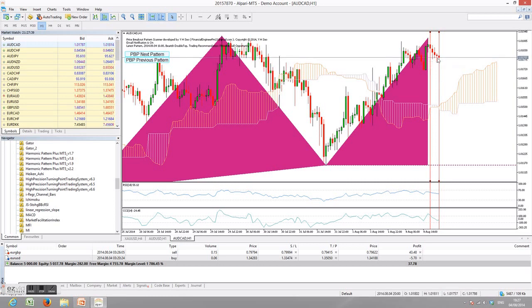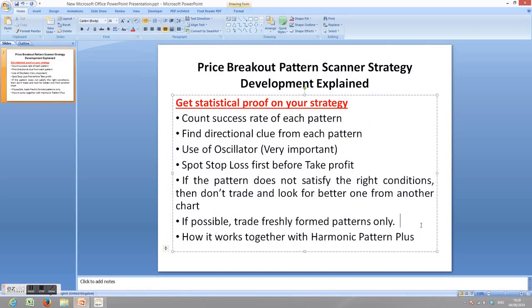Don't try to trade here. You only trade here, so you can set your stop loss far above this level, and your take profit will be somewhere here. So it's a great risk to reward ratio. So remember that, if possible, trade freshly formed patterns only.